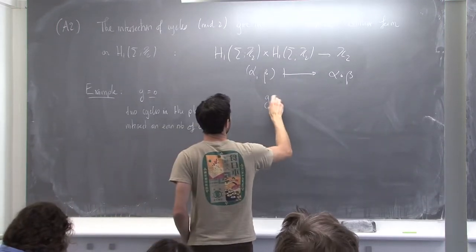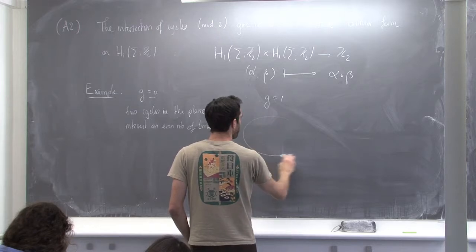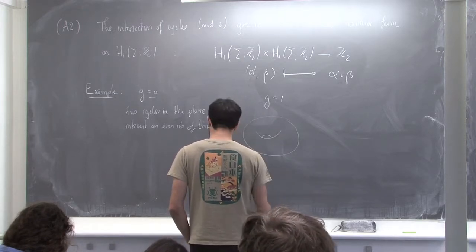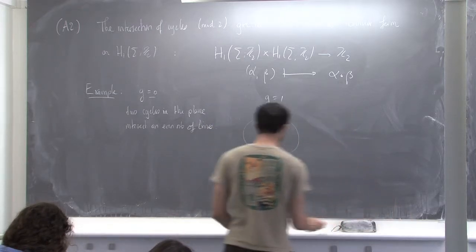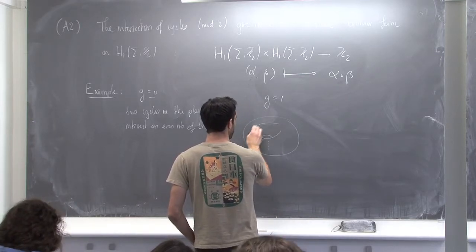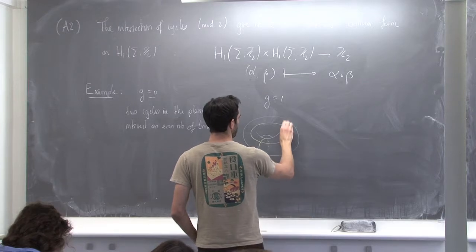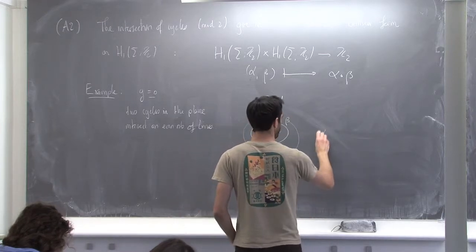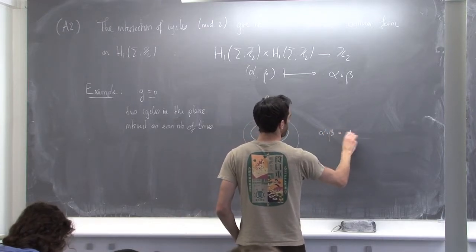If you look at the G equals 1 case, then you see that you can get cycles that intersect an odd number of times. Here you see that alpha intersection beta is 1.